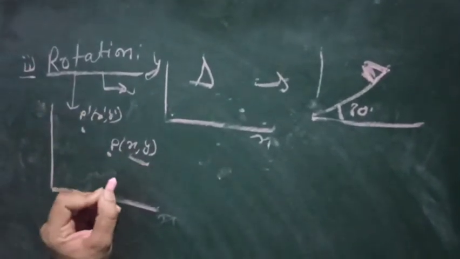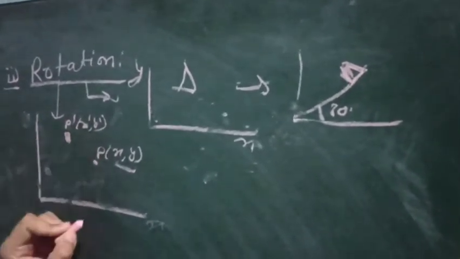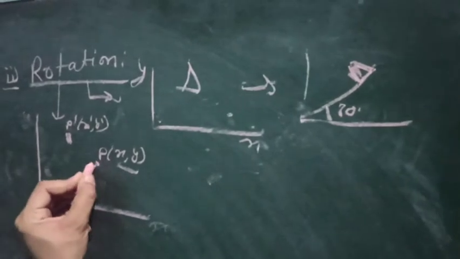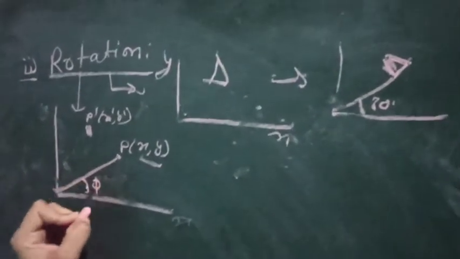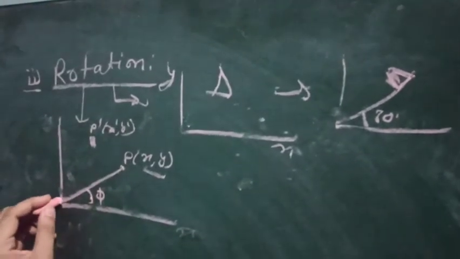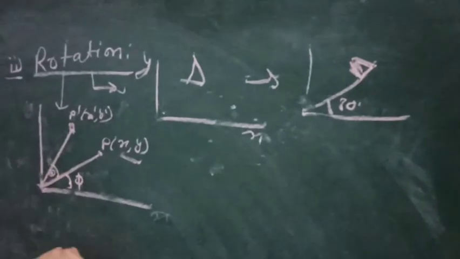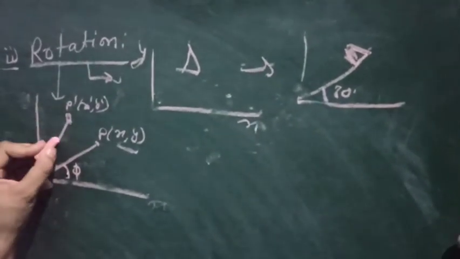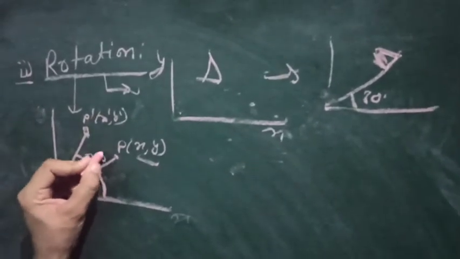We get P dash x dash y dash after the rotation. Now suppose this point is making an angle phi with respect to the origin and this point is making an angle theta with respect to the origin. Now the point P dash is making the total angle of theta plus phi.